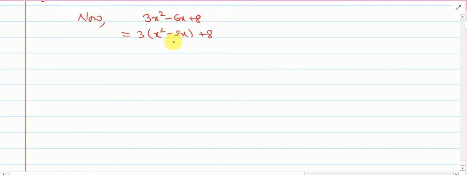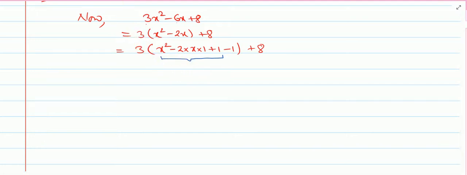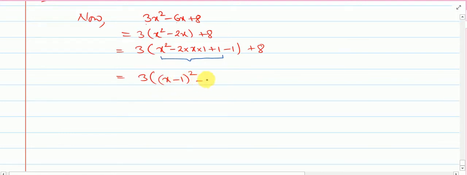Try to complete the square. Okay, so here I can write x square minus 2 into x into 1, and here I can write 1 plus 1 and minus 1. Now this much can be written as x minus 1 whole square. So x minus 1 whole square and minus 1 and here plus 8.